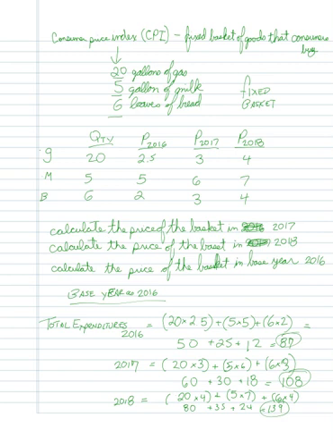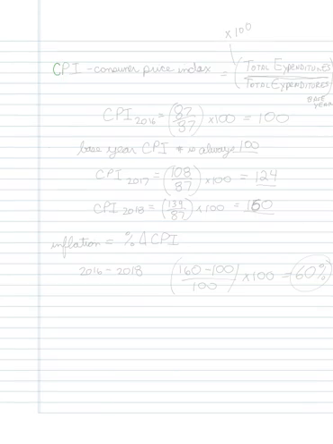So now what we need here is the CPI formula. For the CPI, the Consumer Price Index number, we need to calculate the index numbers, and that's going to equal my total expenditures times my spending in a base year.